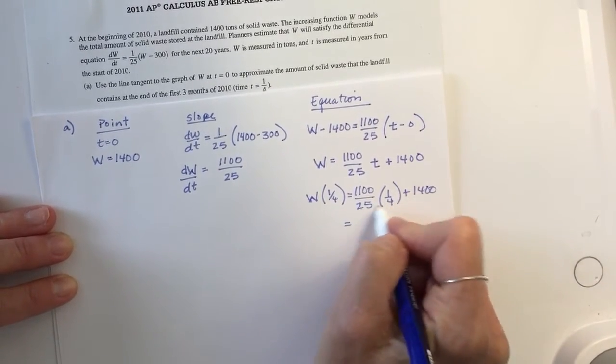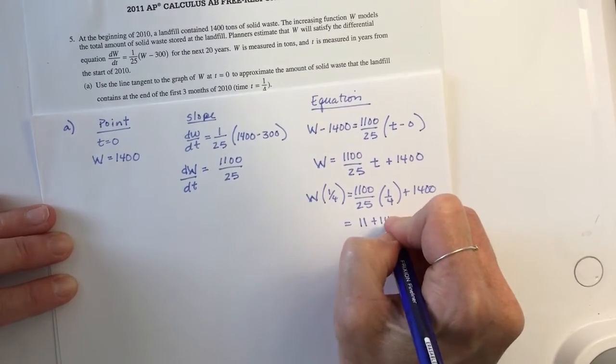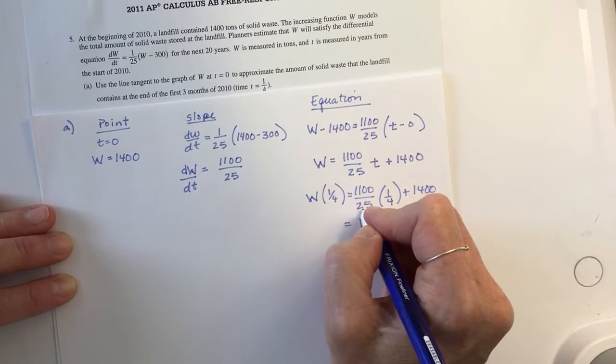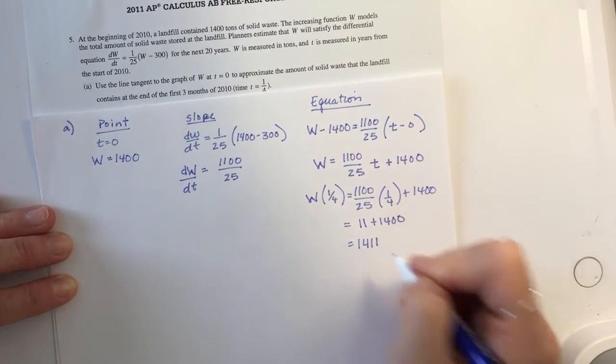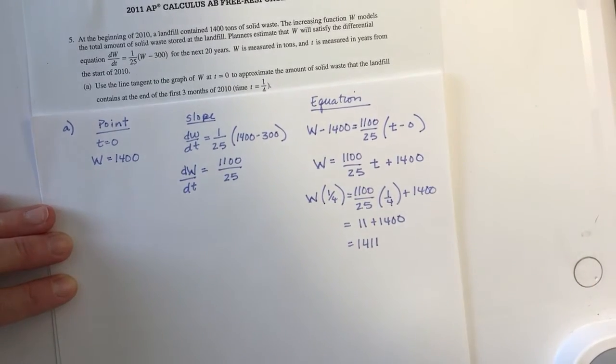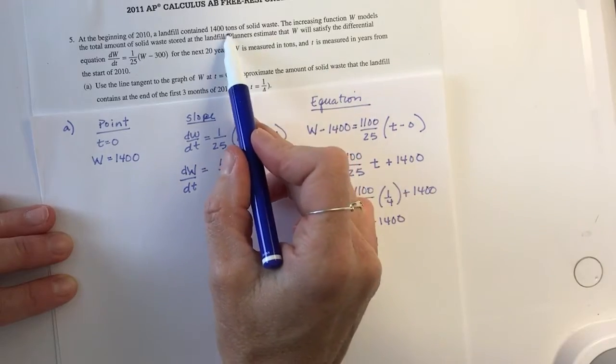And so 4 times 25 is 100, and then the zeros cross out, so we just get the 11 plus 1,400. So we get 1,411. And what would our units be here? The amount of solid waste, so that's tons.